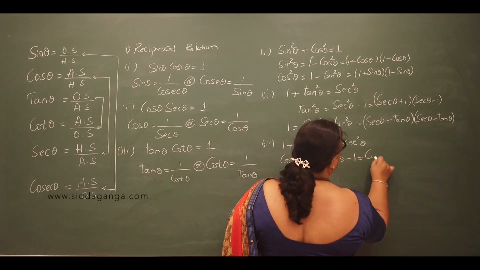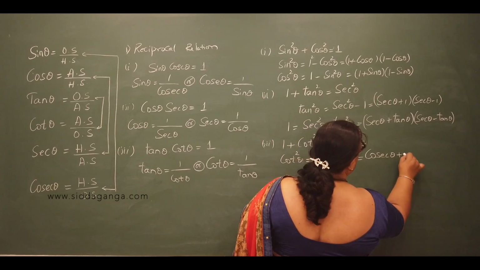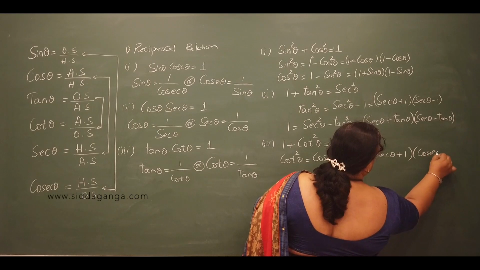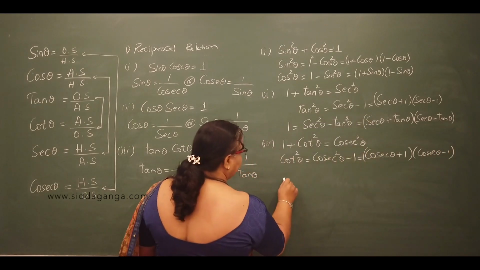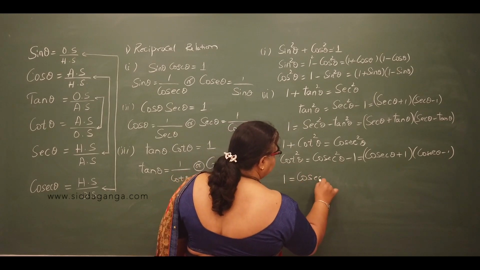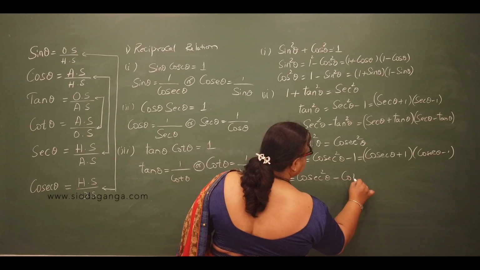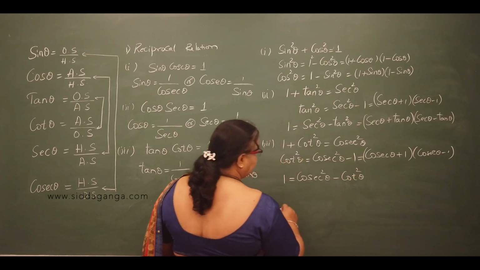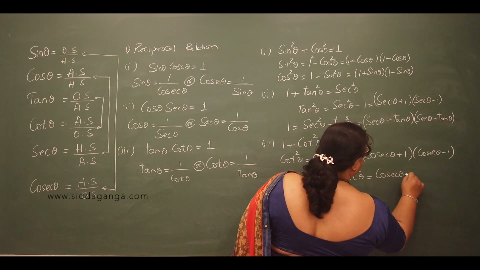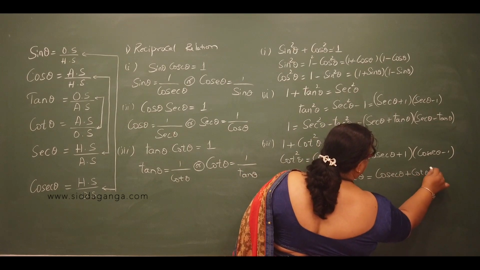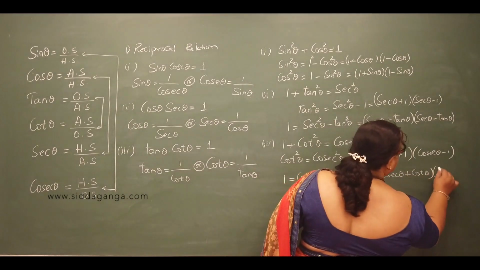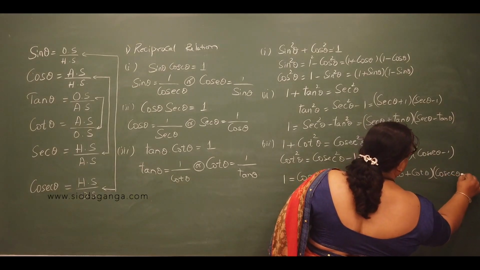This can also be written as cosecant theta plus 1 into cosecant theta minus 1, or it can also be written as 1 equals cosecant square theta minus cot square theta. This can also be written in the form of a plus b into a minus b, that is cosecant theta plus cot theta into cosecant theta minus cot theta.